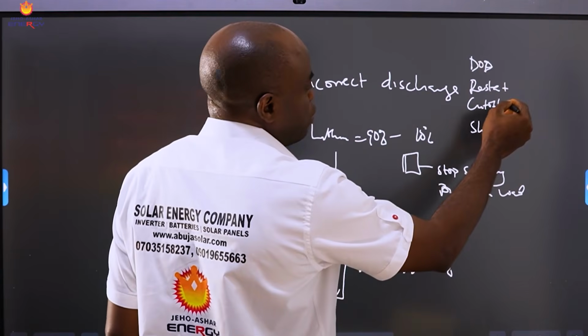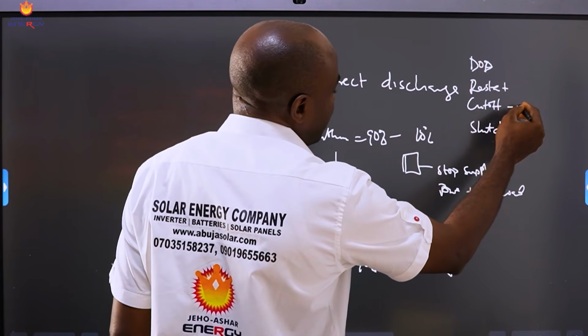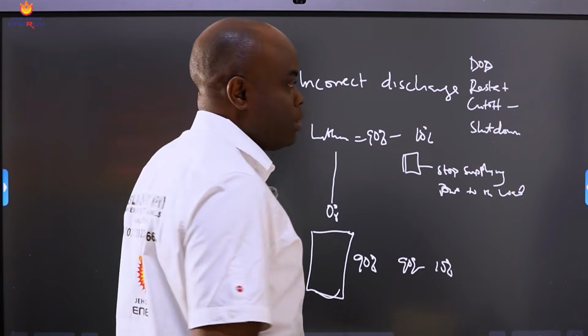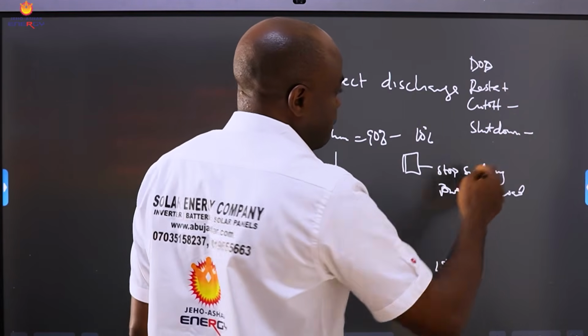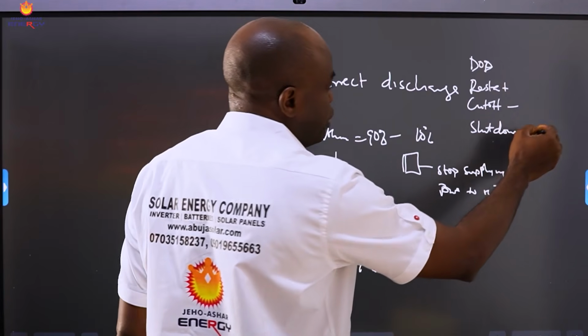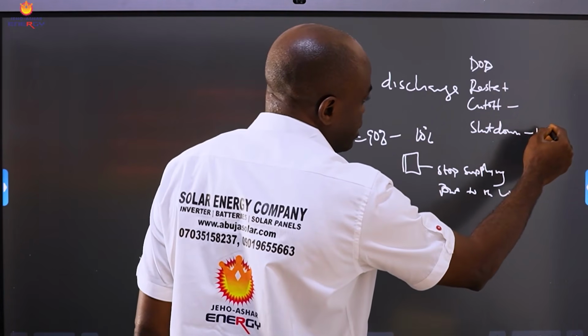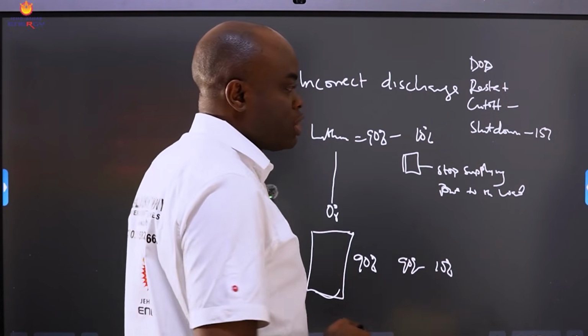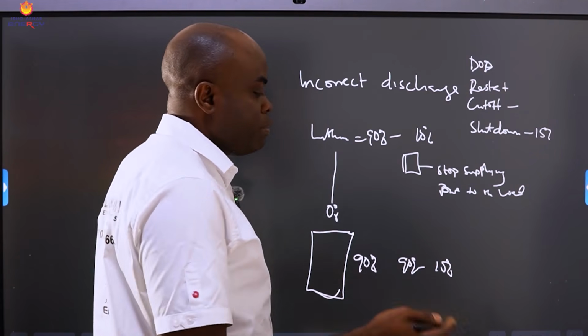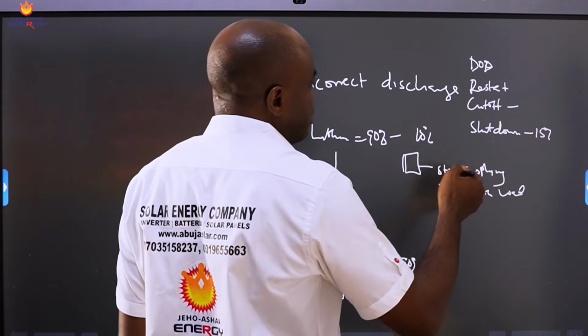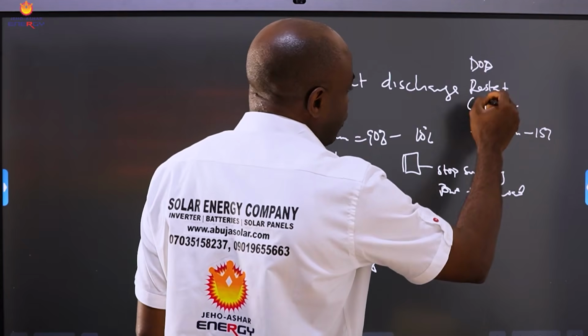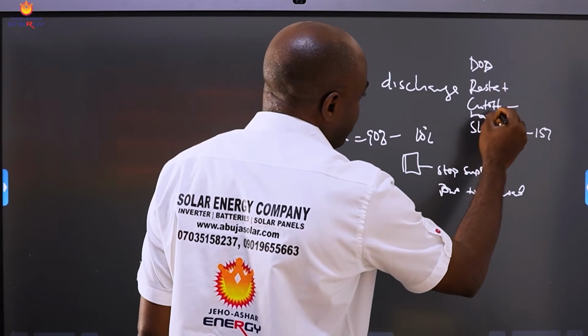So you set when you want your inverter to cut off, or shut down the load. This shutdown percentage means sometimes you can set, say, 15%. If your battery's depth of discharge is 90%, you could set 50%.